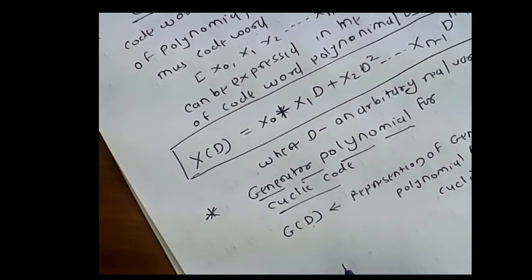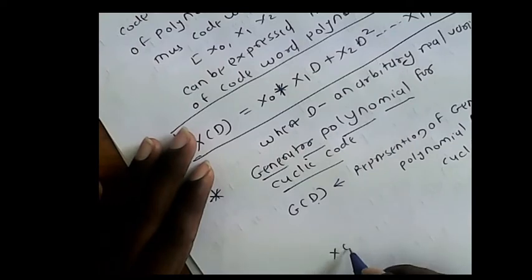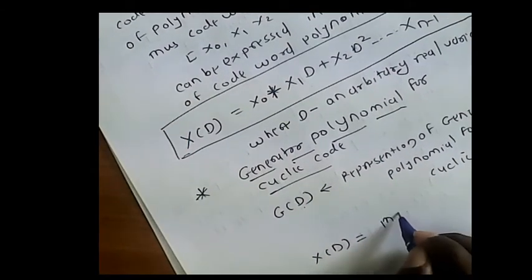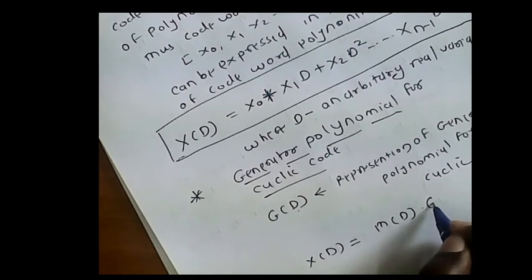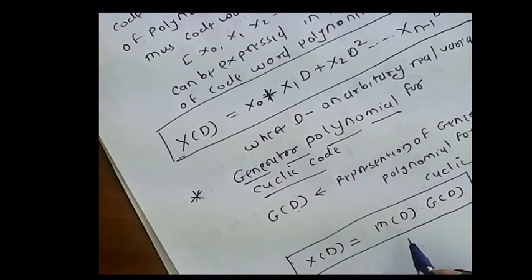So how can we obtain it? x of d is equal to m of d into g of d. By using this equation, we can generate a code word polynomial by using the generator polynomial.